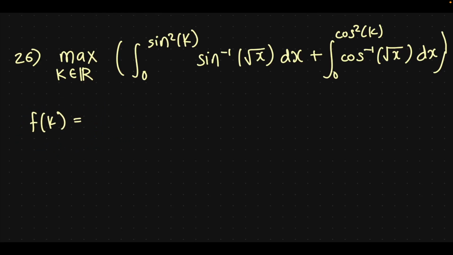Because we have to find a max, we have to set the derivative to 0.